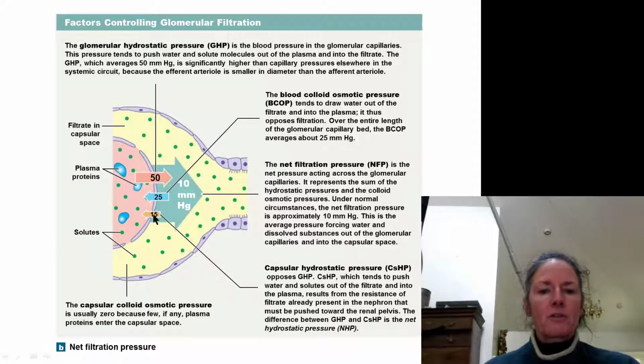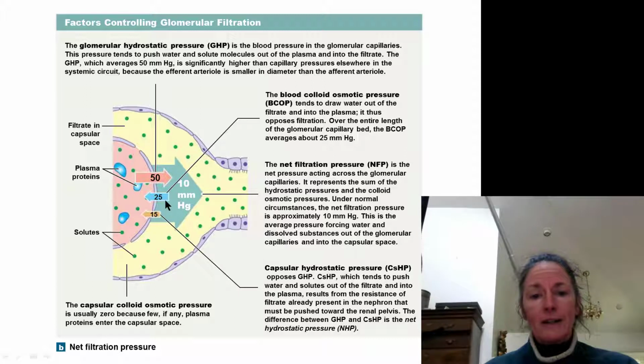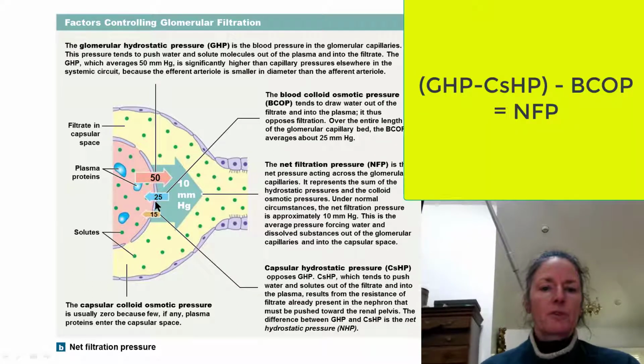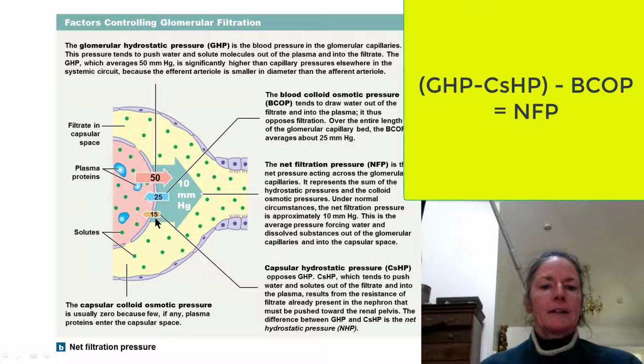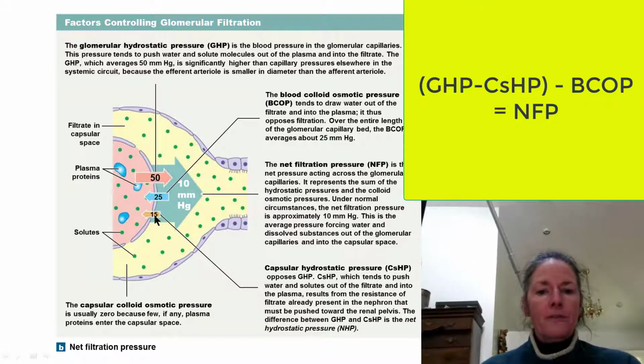And our capsular hydrostatic pressure is, now that we have fluid in the capsule, it exerts its own pressure, but it's much, much less than the blood hydrostatic pressure. So basically, if we subtract the capsular hydrostatic pressure from the blood hydrostatic pressure, we end up getting about 35.